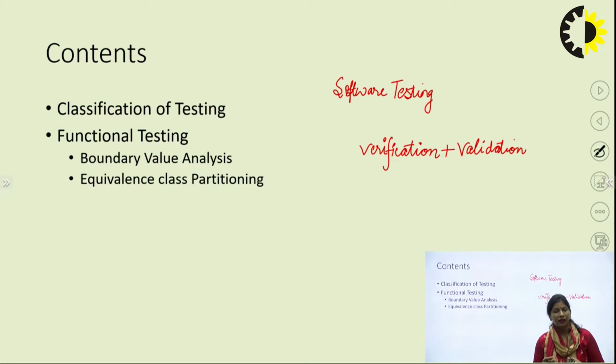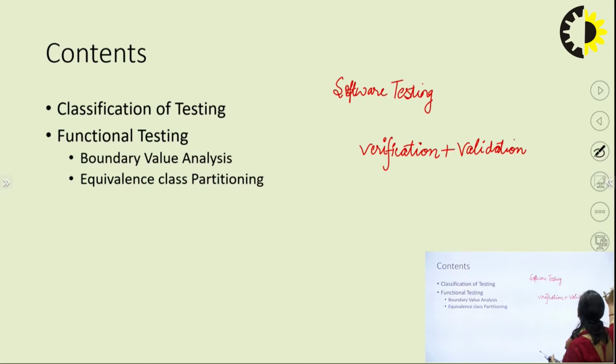And validation means checking whether we have received what the requirement was, what the demand and need was. That means we validate the system by giving inputs and checking whether we have received the right results or not.